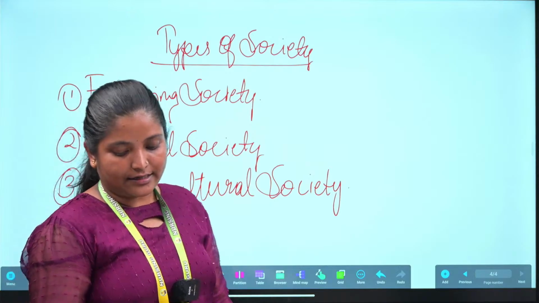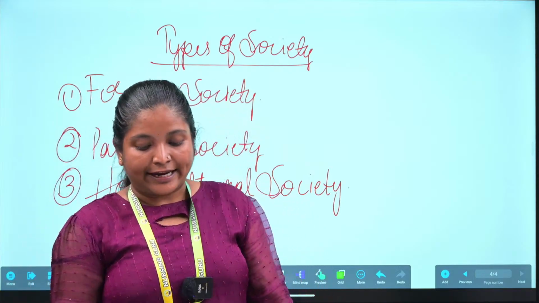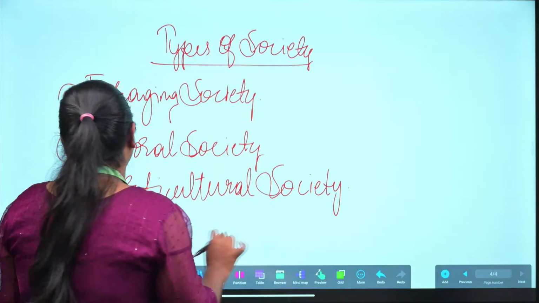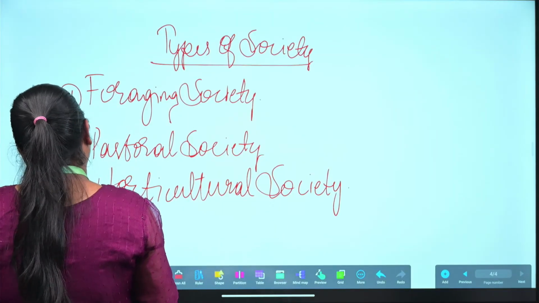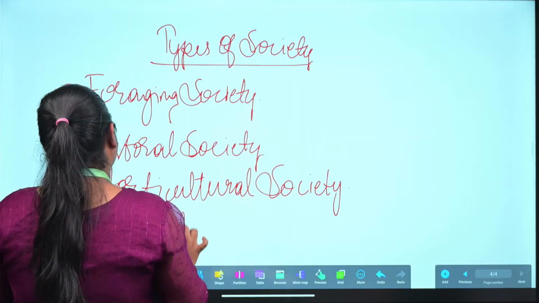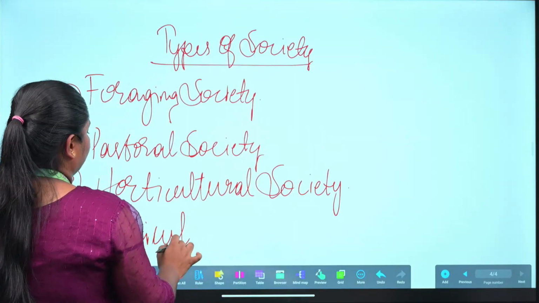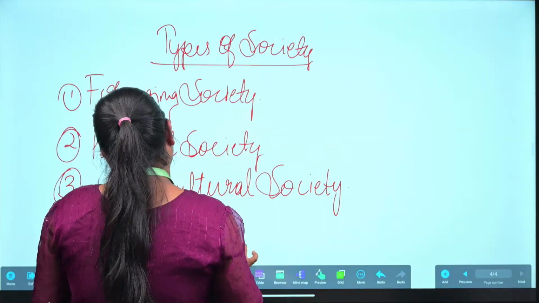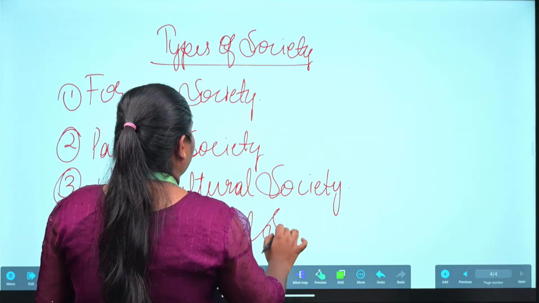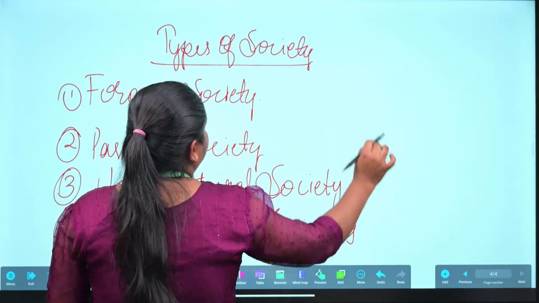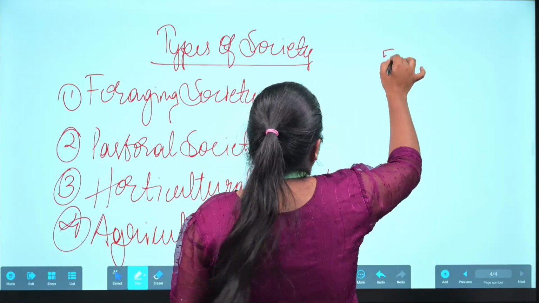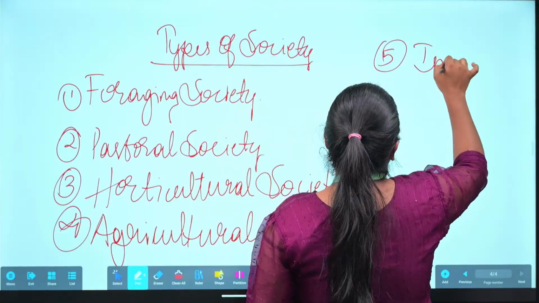Horticulture societies. The next we have industrial societies. Before going to that, one more type is there, agricultural society. The fifth type is industrial.